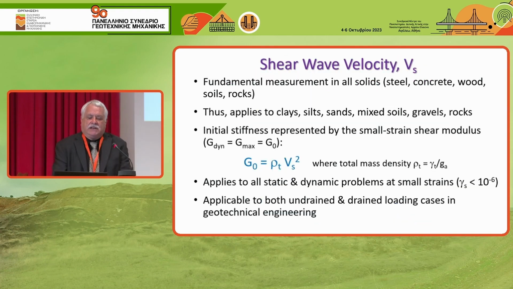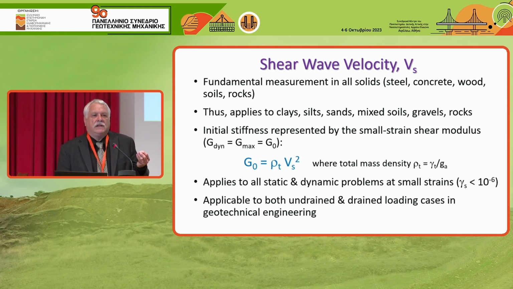So shear wave velocity, that's the point. Shear wave velocity is a fundamental measurement in solids, so you can use this on all of the geomaterials, and that's what makes it so valuable. You can do it on the smallest particles, which are colloids.